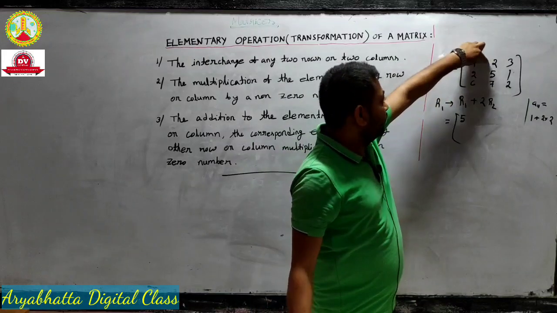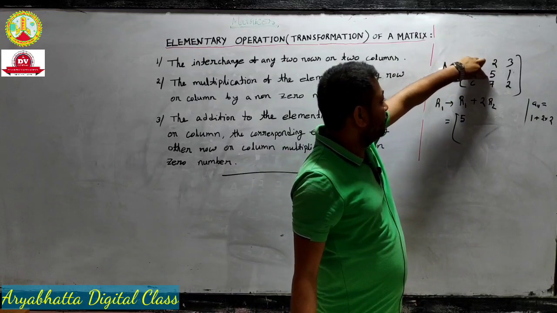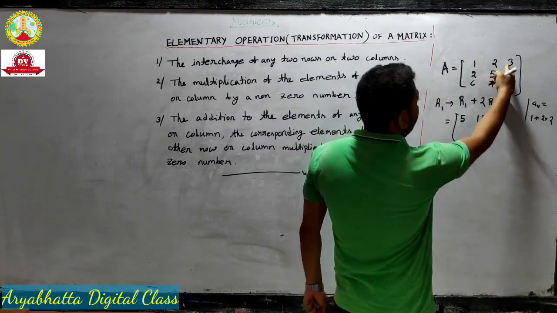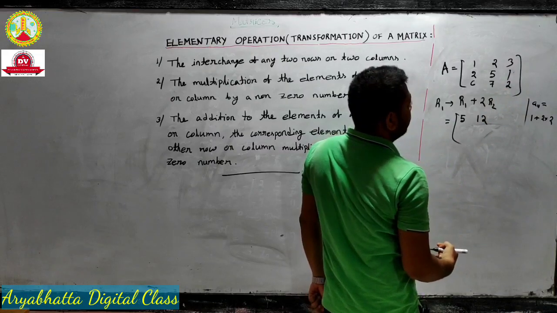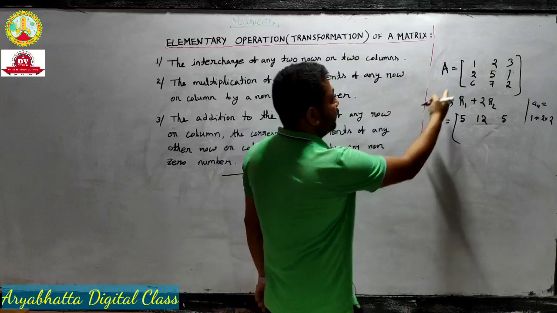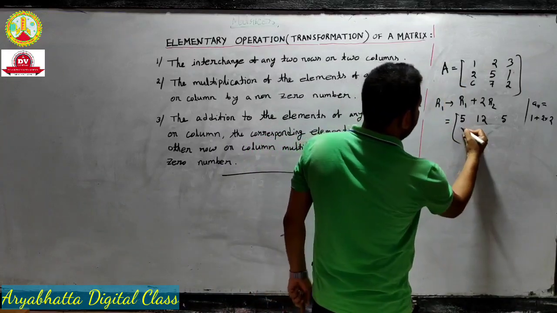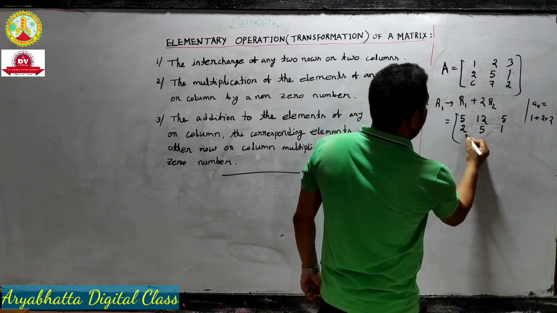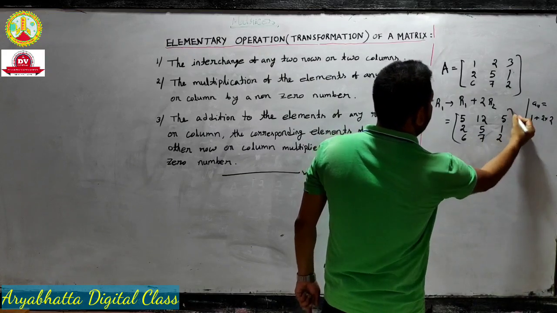Next, 2 plus 2 into 5, 2 plus 10, 12. Next, 3 plus 2 into 1, this is equal to 5. And the second row and third row do not change. Therefore, 5, 12, 5, 2, 5, 1, 6, 7, 2.